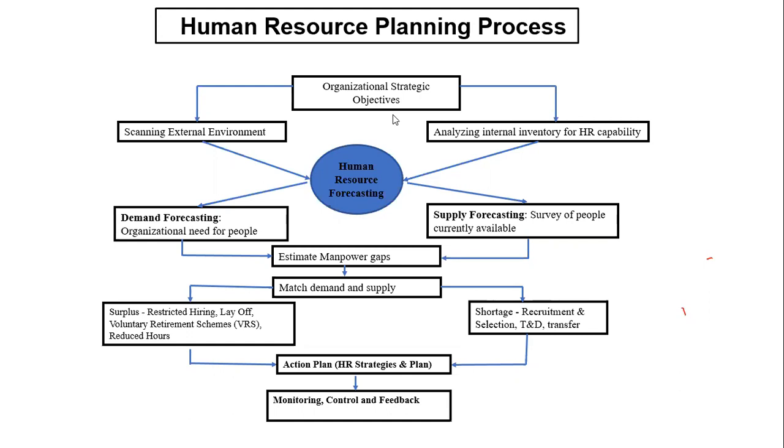Previously, you taught us that when it comes to the HR planner, it's supposed to decide on the number of employees needed at a particular time and the quality needed and all that. So if there is a surplus, does it mean the HR planner didn't do the job?